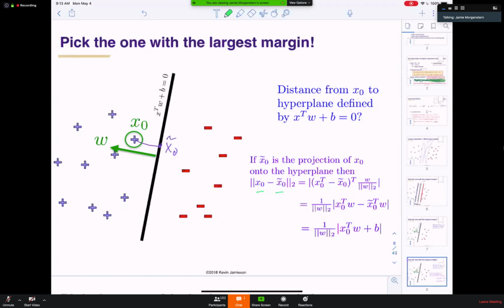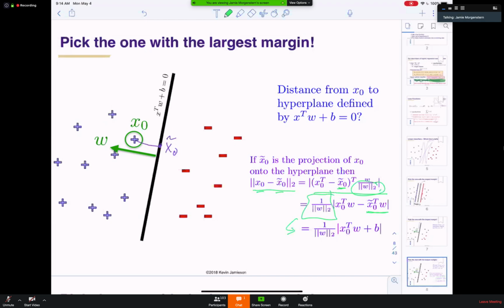This is just projecting x, so the distance here is equal to this one, and because we can pull out this norm of w squared to the outside, and then because x naught tilde is a projection on this hyperplane, this simplification takes place.